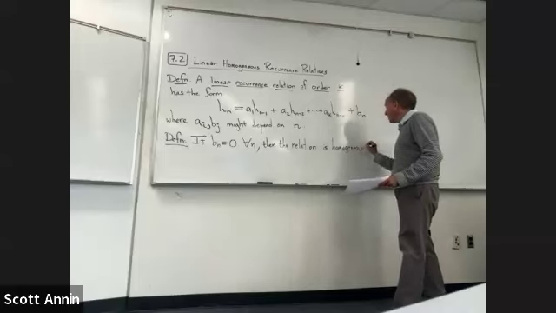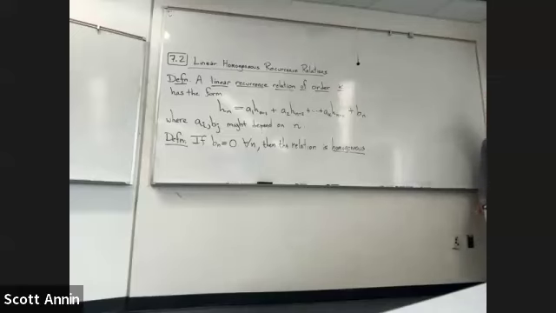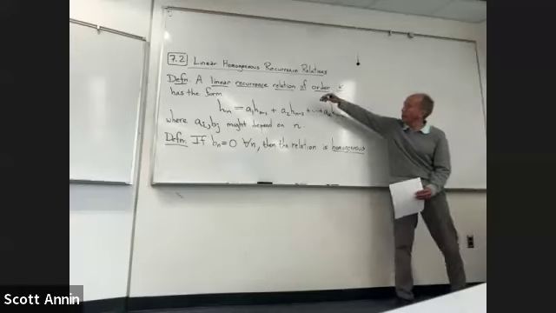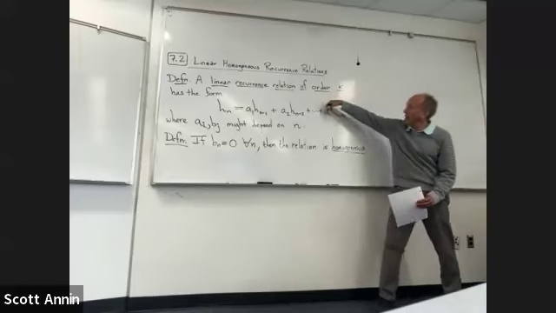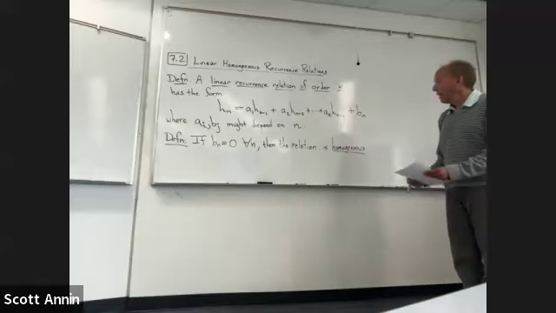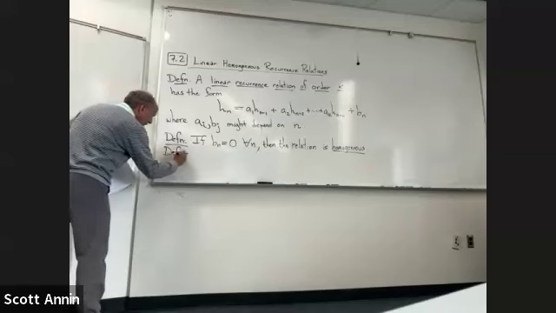So a homogeneous recurrence relation would have no last term on the end of it. So that would mean that all of the terms have the previous terms of the sequence, the H's, in them.